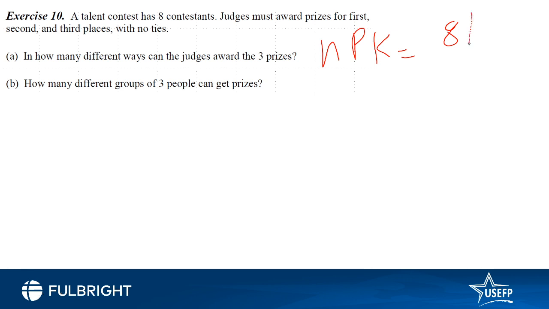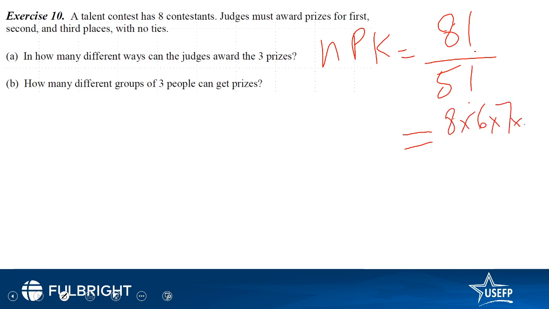So it comes out to be 8 factorial divided by (8 minus k) factorial. So 8 minus 3 is 5 factorial. So the answer is 8 into 7 into 6, and the rest, 5 into 4 and so on, all cancels out, and we are left with 8 into 7 into 6.